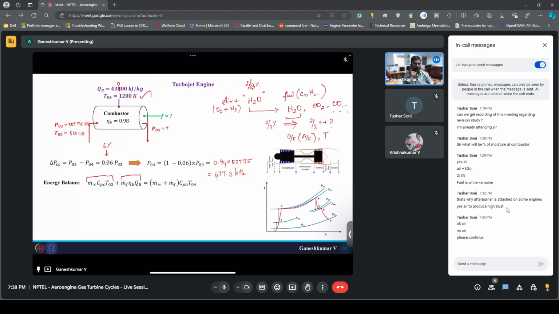Now, if you cool down your combustion products to a lower temperature, such that all the H2O gets converted to liquid form, then upon condensation there will be some energy release. If you add that energy release, that will be considered as the higher heating value. So that way the higher heating value number would be a little larger than 43,000 kilojoules per kg.